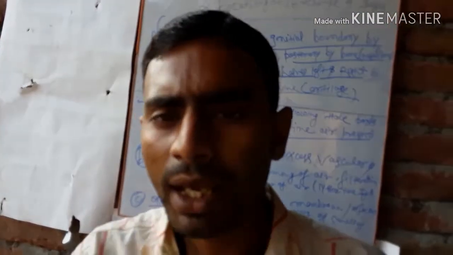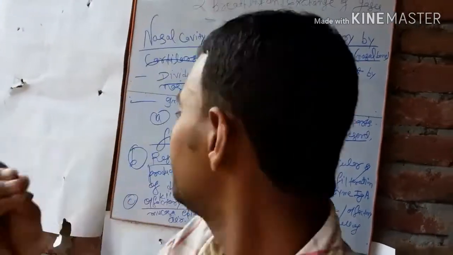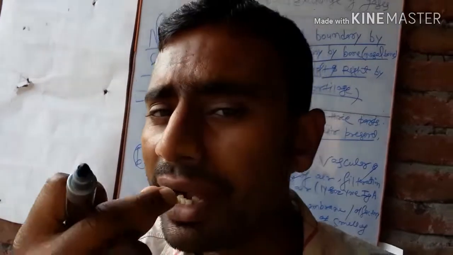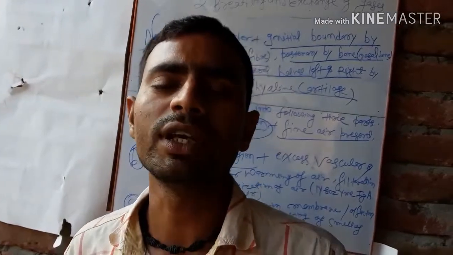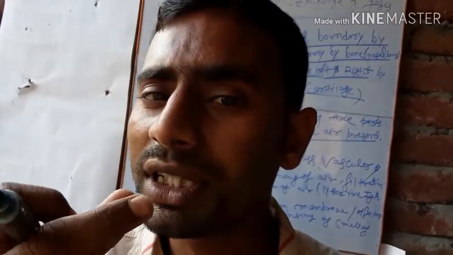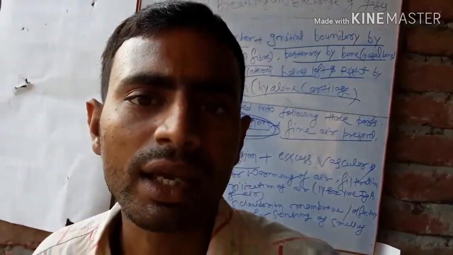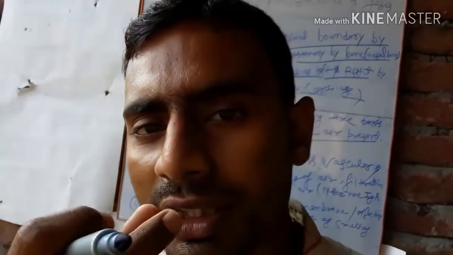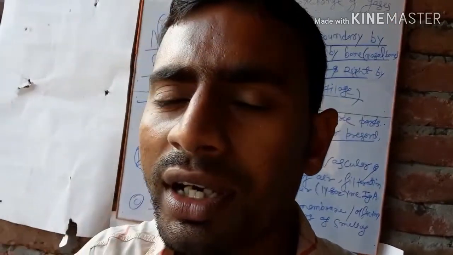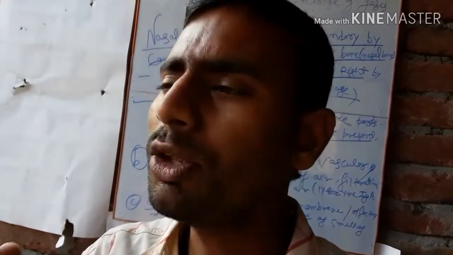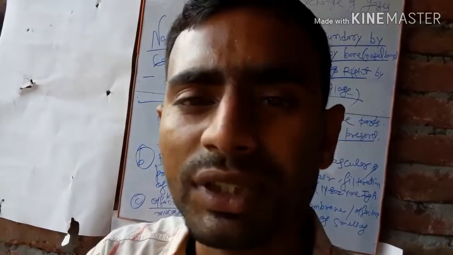The hair filters dust. The part you see from the outside is the vestibular region, and in it hair is present. What is the function of this hair? The air we take from the environment is not necessarily fresh air.